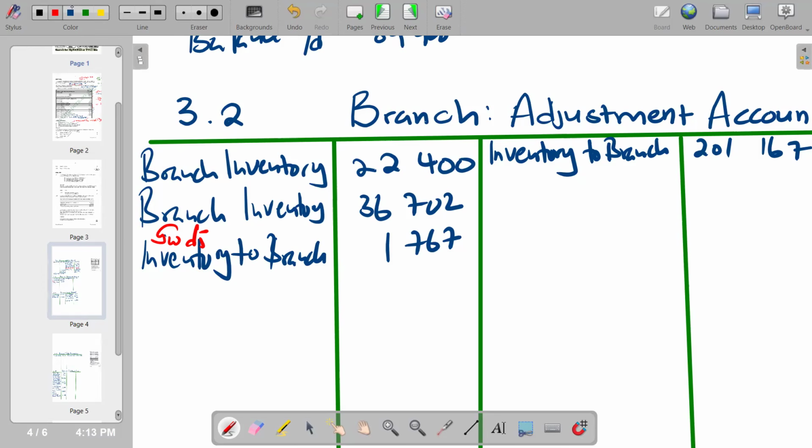Of course, according to our answer book, we do have a pre-entered figure for the balance CD of the branch adjustment account, which is 29,967. From there, we can now balance our account, and the balance figure is supposed to be transferred to the branch profit or loss. So we can just keep a line on this part and then put our double lines.